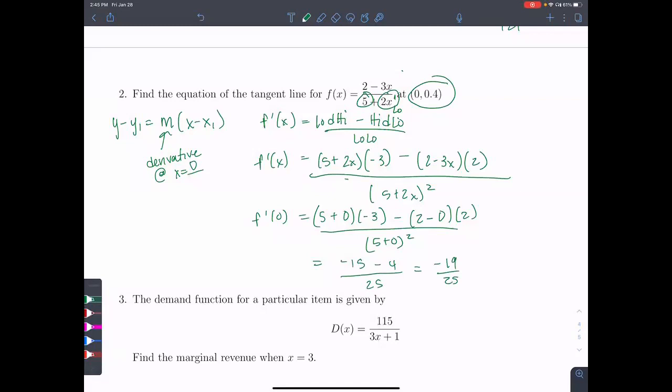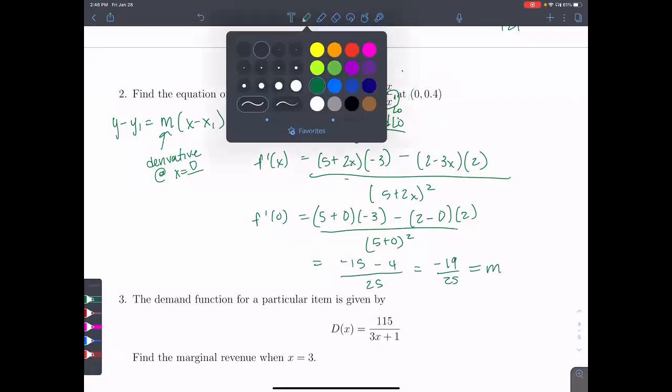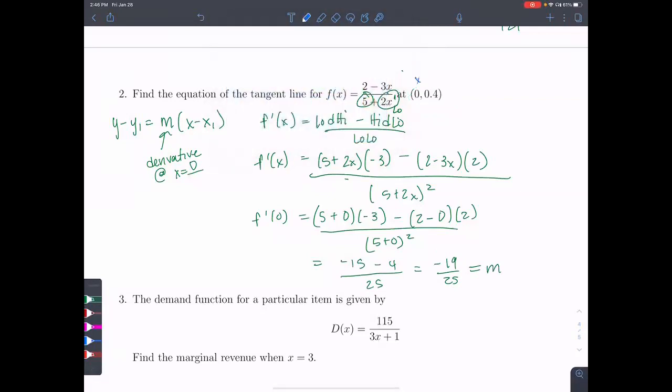Okay. So then if this is m, we're going to use this up here, go back up here. Let me use a different color. This is x1 and y1. So we would have y minus 0.4 equals m, which is -19 over 25.